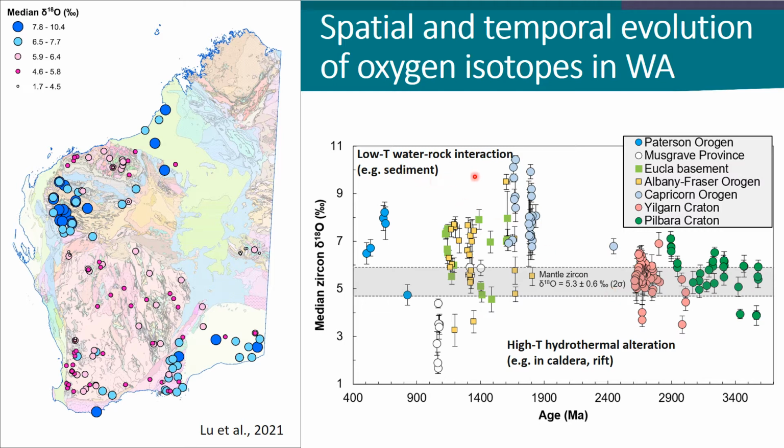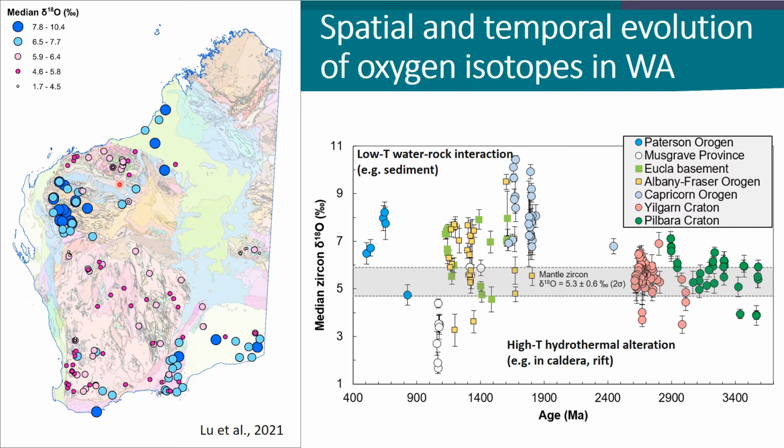Low-temperature water-rock interaction with surface water leads to elevated oxygen values, such as in sediment. By contrast, high-temperature hydrothermal alteration leads to lower oxygen values, such as in caldera or rift settings. In other words, zircon oxygen values are powerful in fingerprinting reworking and recycling of supracrustal rocks that have interacted with the hydrosphere of the Earth.